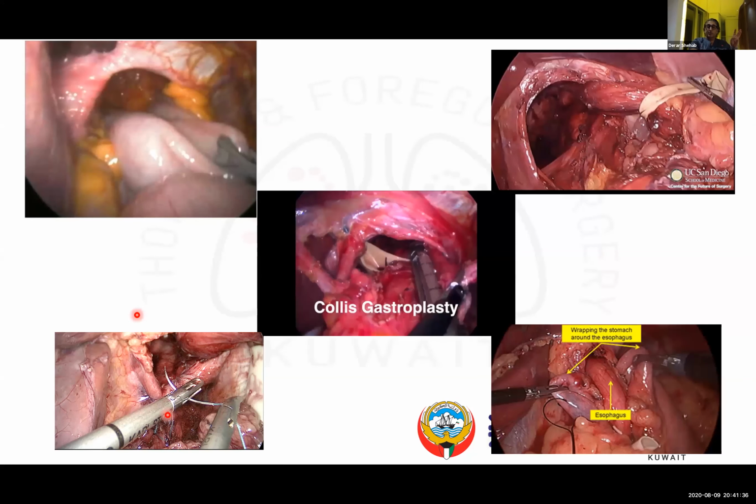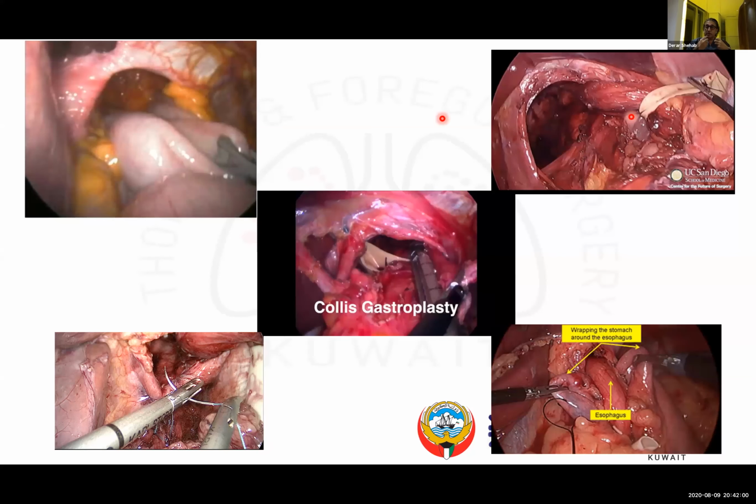So three important points you have to understand: in hiatal hernia, reduce the content completely. Make sure you excise the sac inside the hiatus. The reason is you don't want to end up having seroma and mediastinitis post-op.